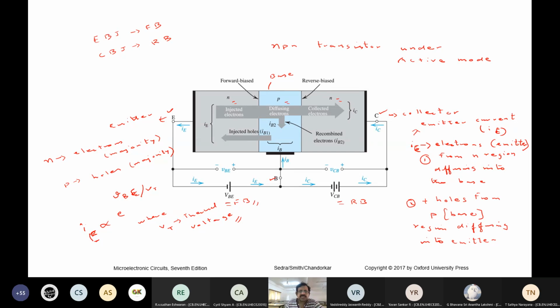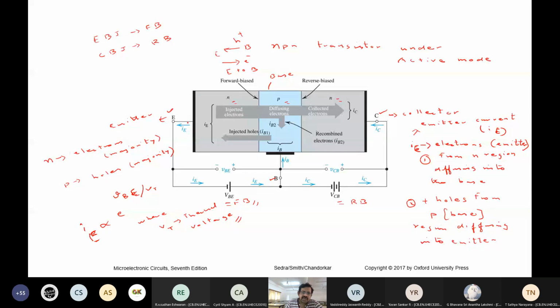Now what is the direction of IE? It is very evident that electrons diffuse in this direction, from E to B, that is emitter to base. Holes diffuse in this direction, from B to E. The conventional current direction is the direction of the movement of the holes.